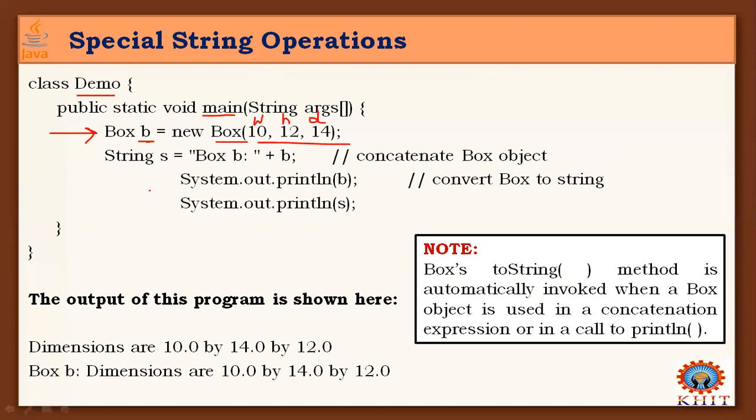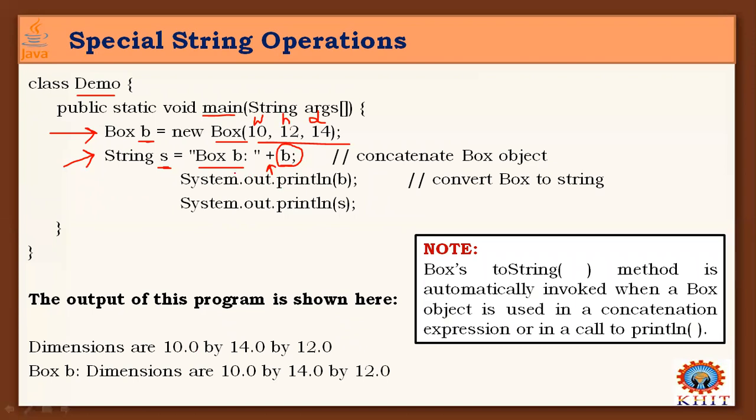Then we create a String object by concatenating the string literal with this object of the Box class. Here b is an object of the Box class. So this object and the string literal value are combined using the plus operator, the string concatenation operator in Java.